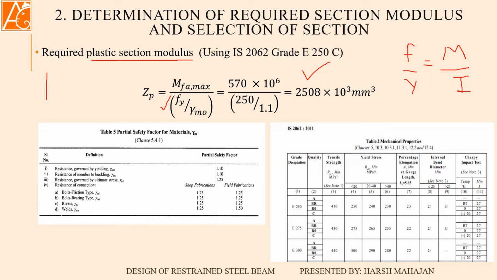So from here, 2508 into 10 to power 3 mm cube is my required section requirement. Partial safety factor gamma M0 is taken as 1.1 from table number 5, governed by yielding.